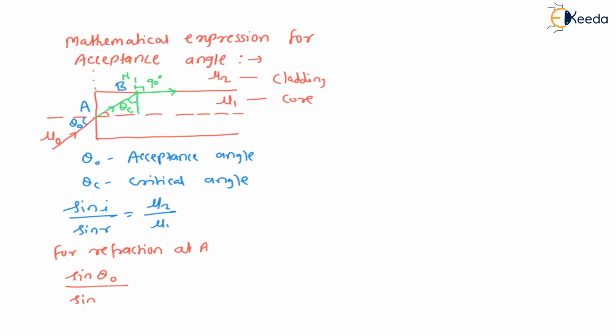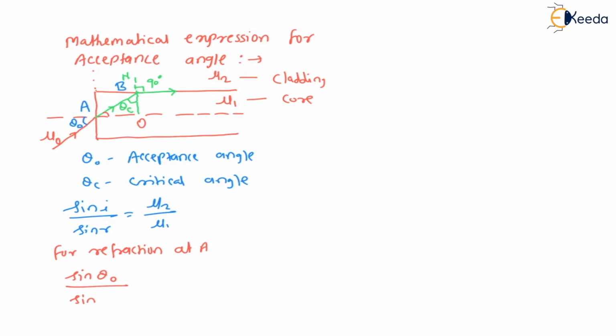If you see this particular triangle, let this point be O. So this triangle AOB is a right angle triangle. So no doubt, if this angle O is 90 and this angle B is theta c, then ultimately this angle A will be 90 minus theta c.